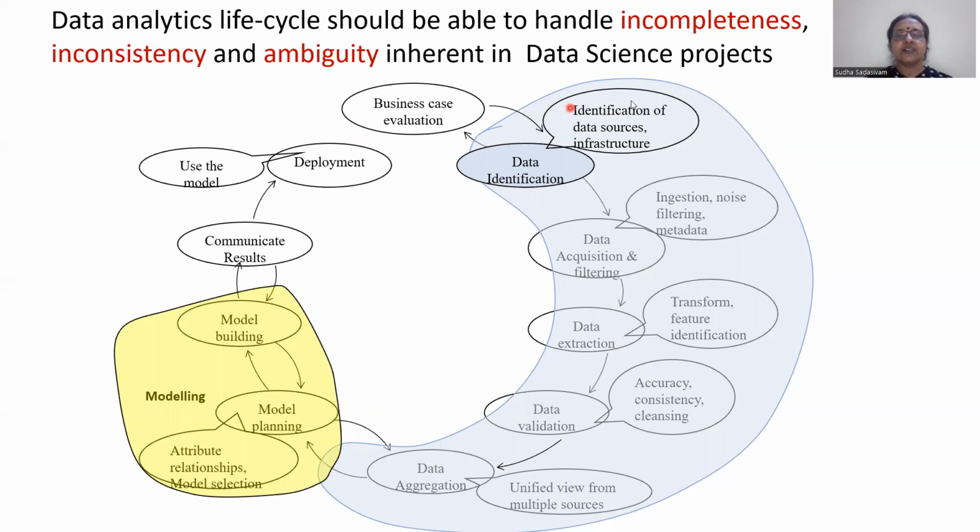Then the data phase, where the data is converted into a particular format suitable for representing the model. Then the model is planned and built. Finally, it is communicated to the different stakeholders. Once they agree on it, the model is deployed. So it consists of three major phases: the business case evaluation phase, the data phase, and the model building phase. We will discuss that in detail.